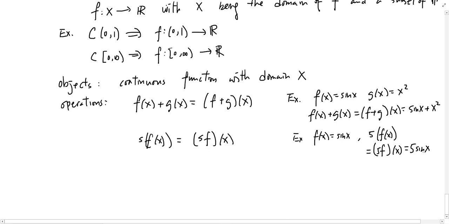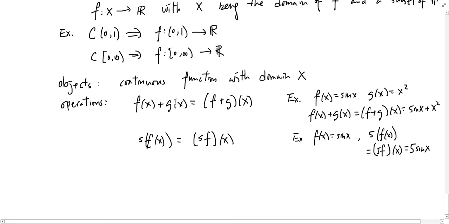Now, I know some of you are probably thinking, what's the difference? The difference is the following. On the left side of the expression, we are supposed to evaluate the function as two separate functions and combine the result. Meaning, let's say I want to evaluate f of 7 plus g of 7.